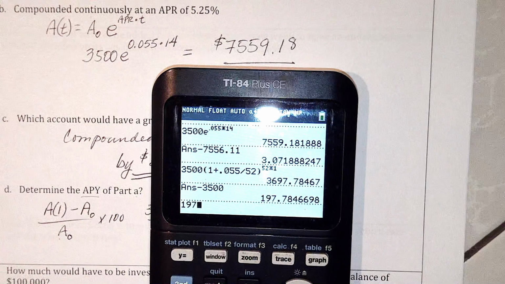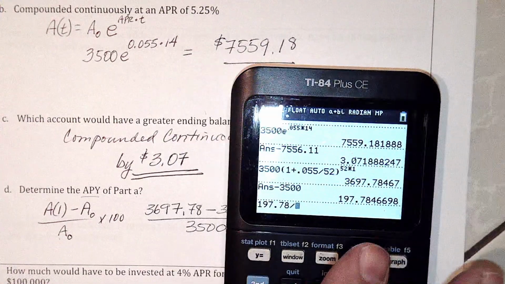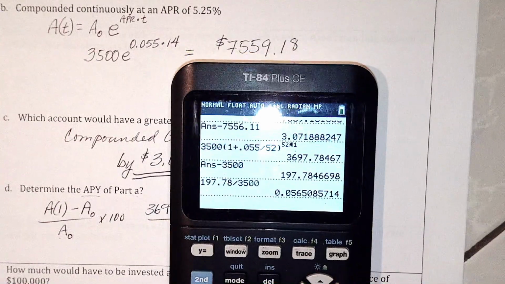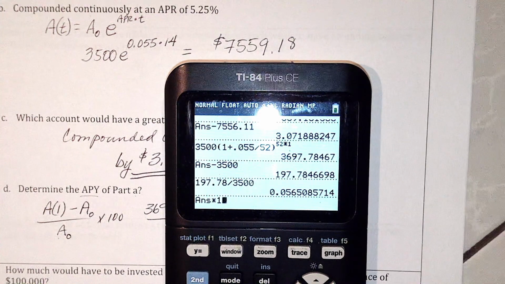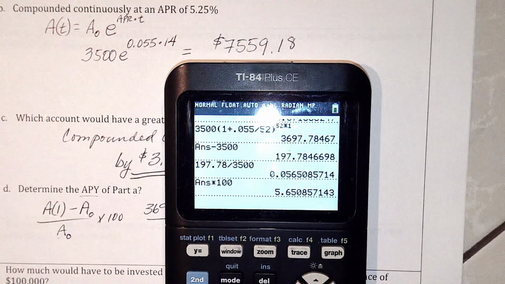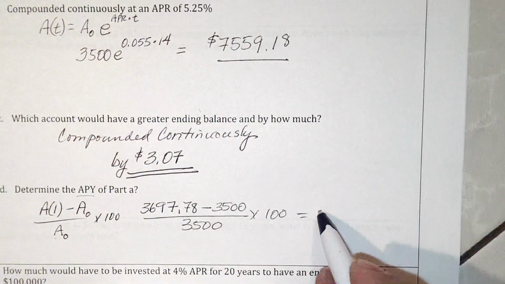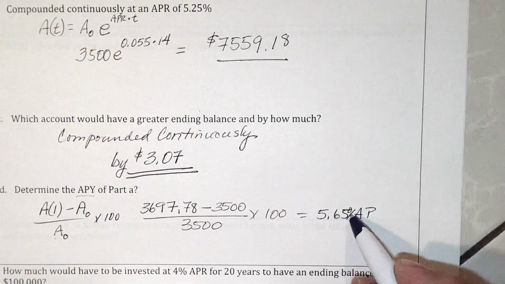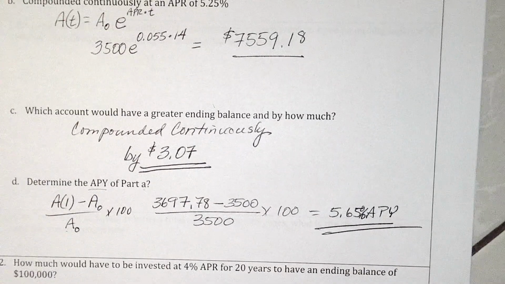I do 197.78 divided by the starting amount, 3,500, and then I multiply it by 100 to get the percentage, and it's 5.65, annual percentage yield. 5.65%.